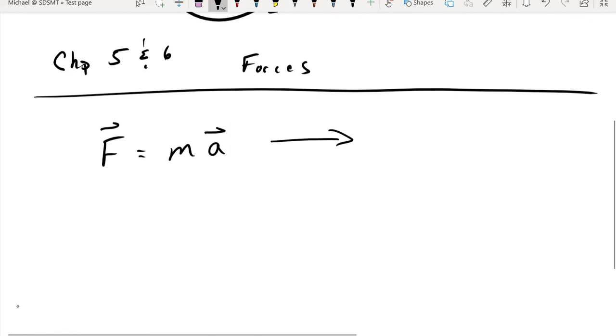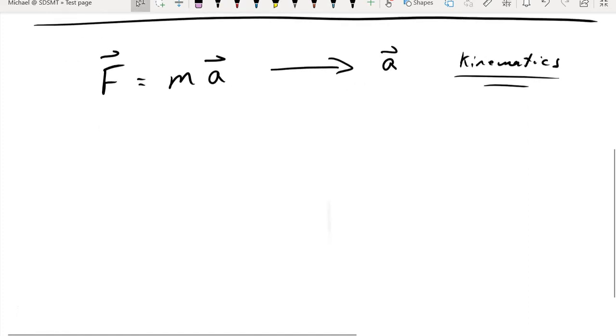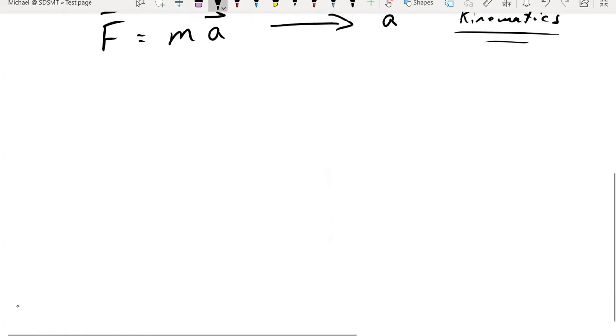And from there, we could take information about the acceleration and apply it to things like kinematics, because our discussions on kinematics did not actually incorporate the mass of the object. And so chapters 5 and 6 were basically just an extension of the mathematics that described the motion of these objects.